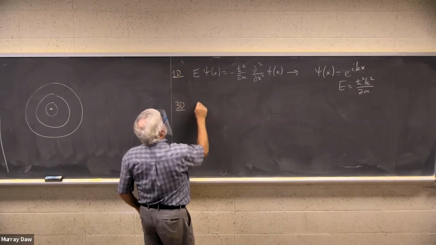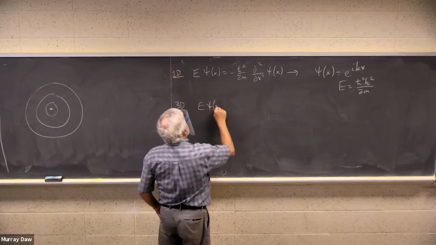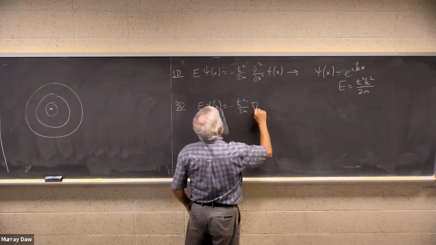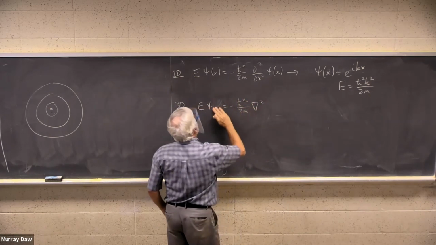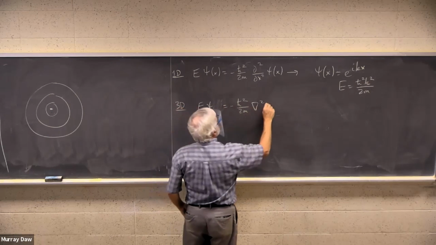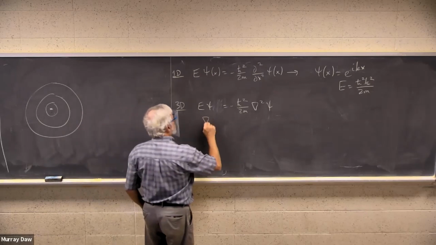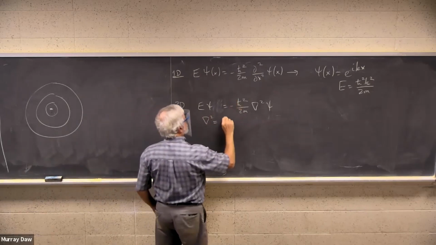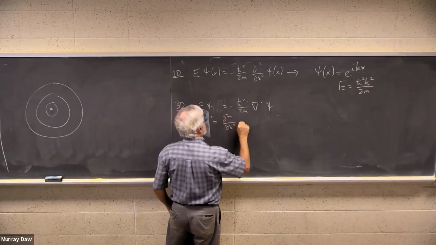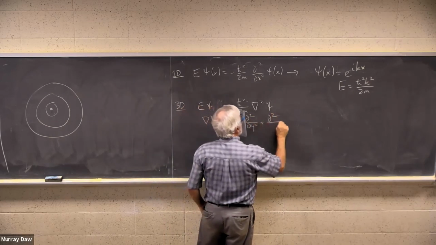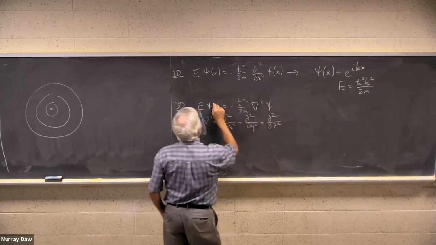So Dr. Rizzi's written down the time-independent Schrodinger equation in 3 dimensions, in terms of the Laplacian. The Laplacian is like the curvature in 3 dimensions, the sum of the curvatures in each direction. So this is in Cartesian coordinates.